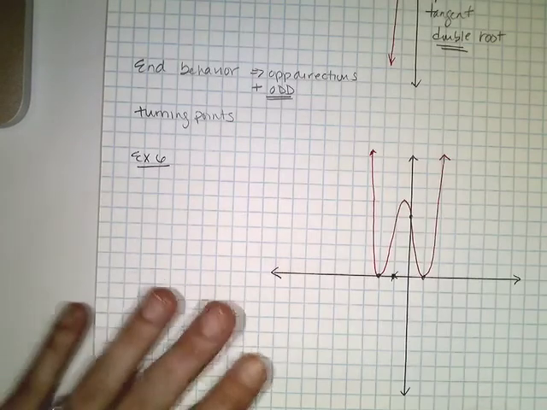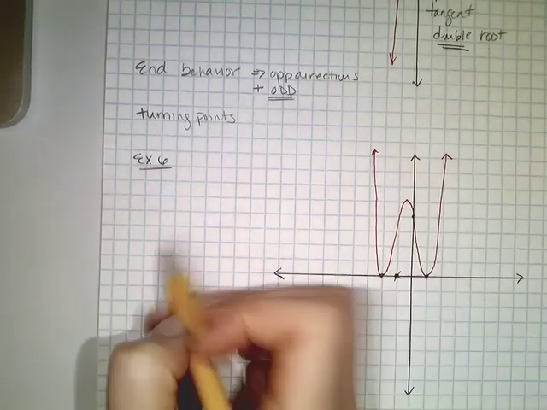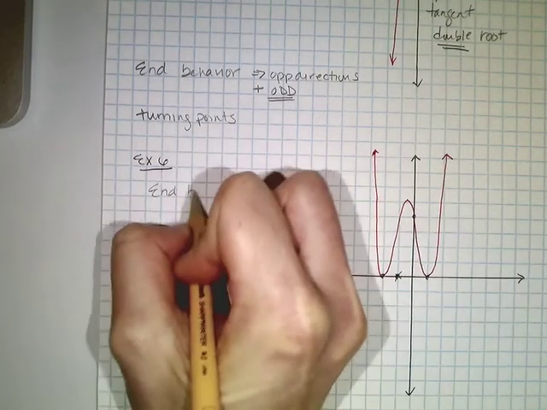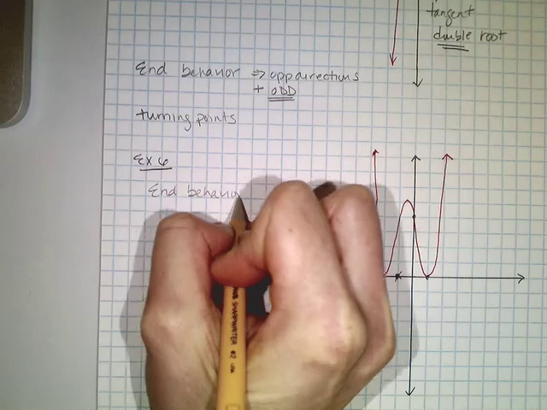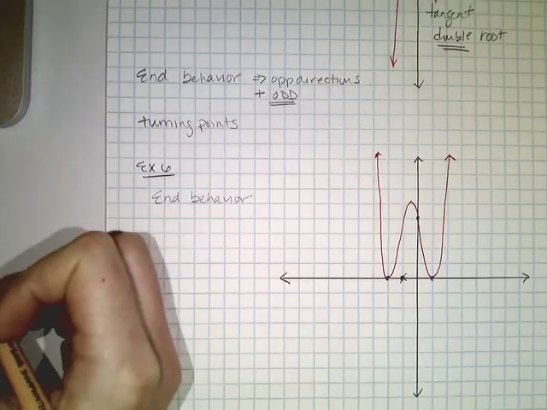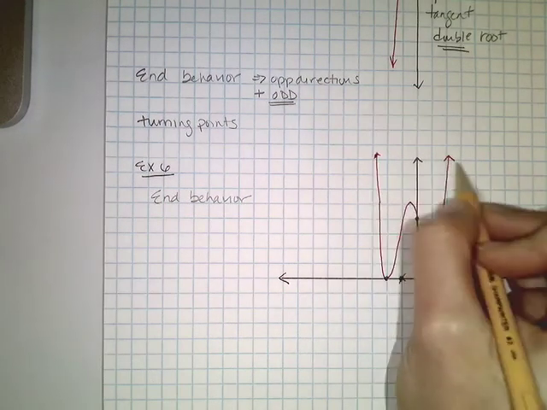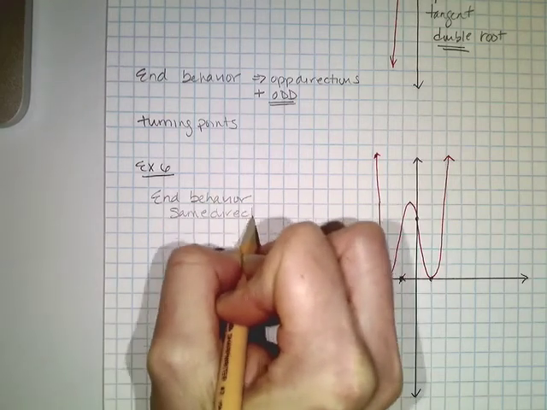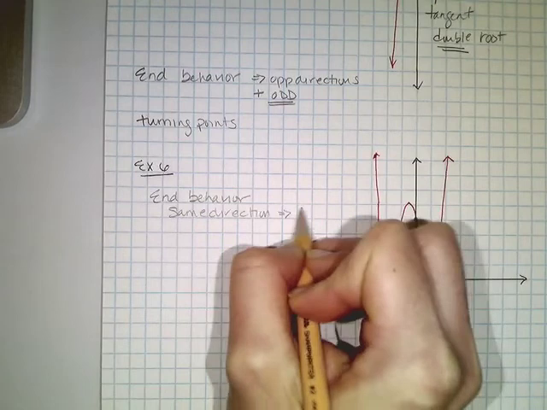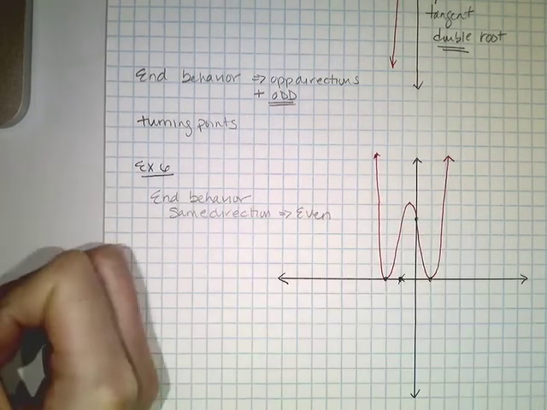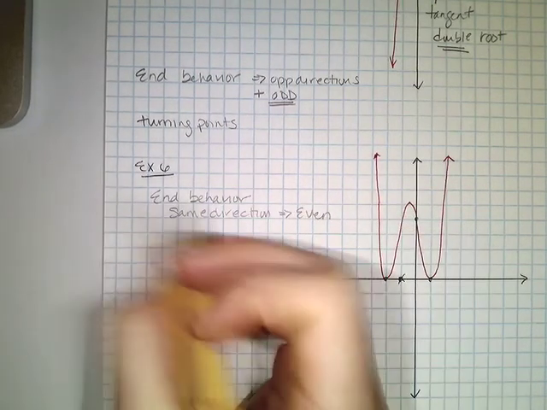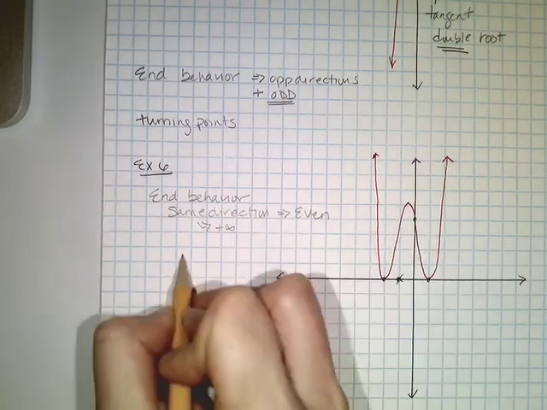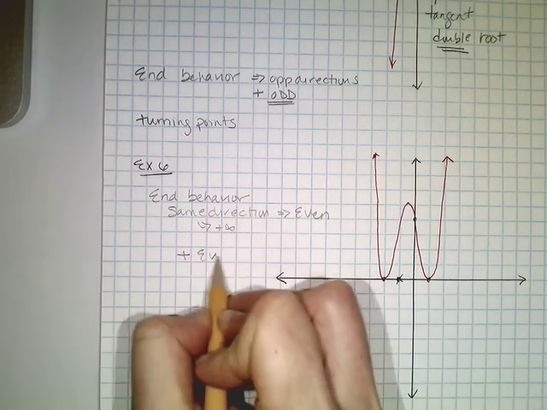And last one, just to make sure. The first thing we want to look at here is end behavior. And we say, okay, if the end behavior is going in the same direction, that means even. We also notice that that same direction is positive infinity, which means this is a positive even power.